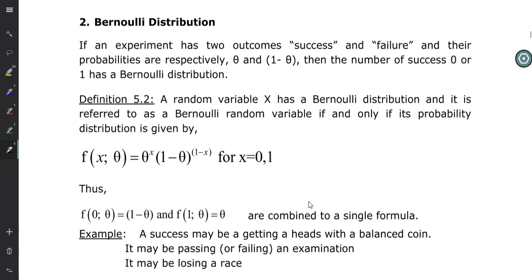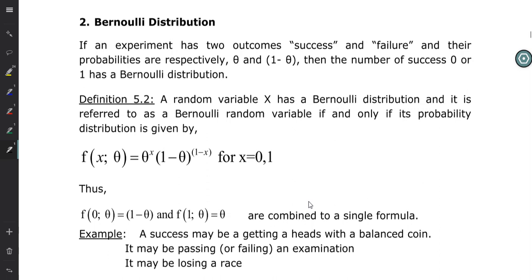You can see how you got these probabilities, theta and 1 minus theta. When the probability of success is theta, the failure is its complement. Since the total probability is 1, the probability of the failure, or the complement, should be 1 minus theta.